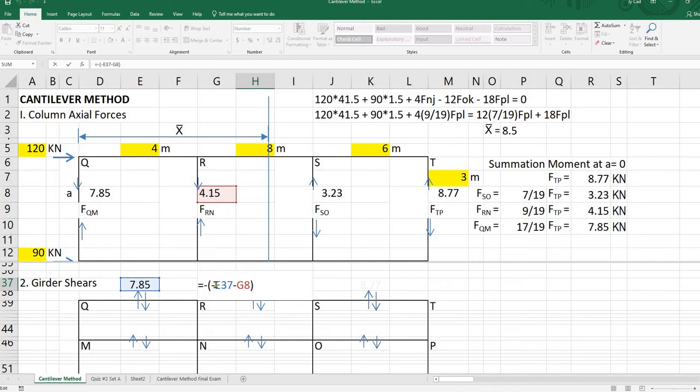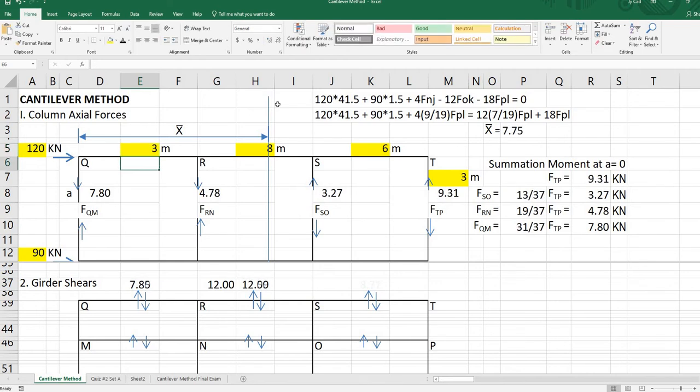The negative sum of negative E37, which is etong blue na yan. And then yung G8 negative, it is linked here. Yan. So, pag magpapalit ka ng input values, let's say 3, automatic nagpapalit din yan. Okay? So, that's the advantage of Excel.